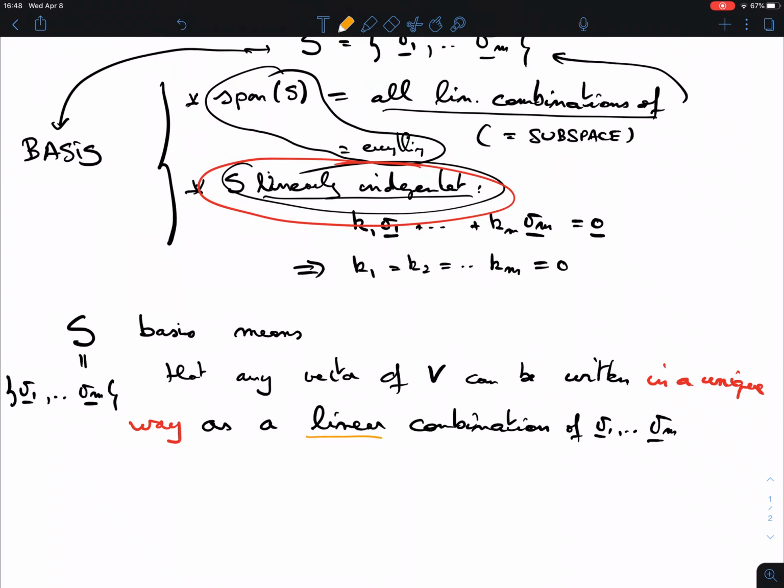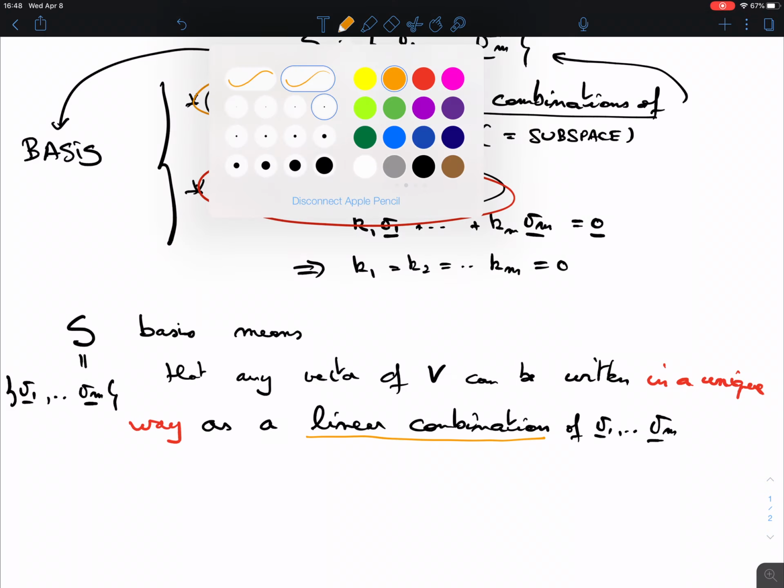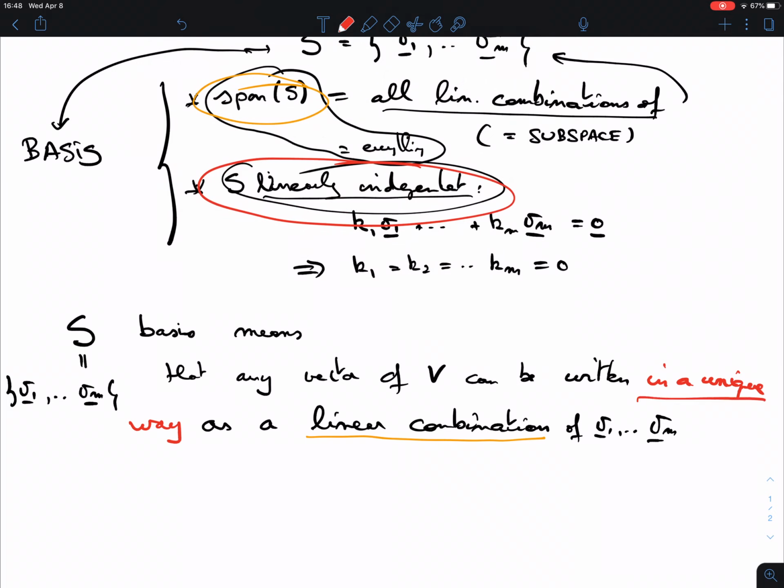To be a linear combination, that is given here, that's this condition. To be written in a unique way as a linear combination, that is this condition. So that's what a basis is. It simply says that if you have a basis for a vector space, then take any vector and you can write it in one way and one way only as a linear combination of these given basis vectors. Okay, let's do the examples.